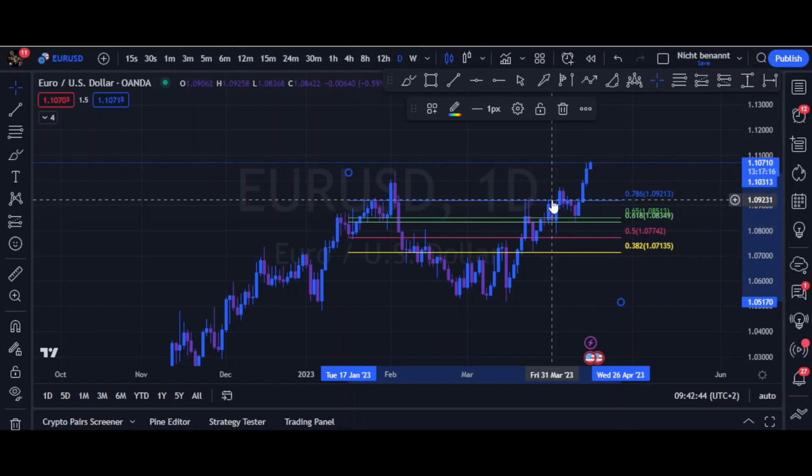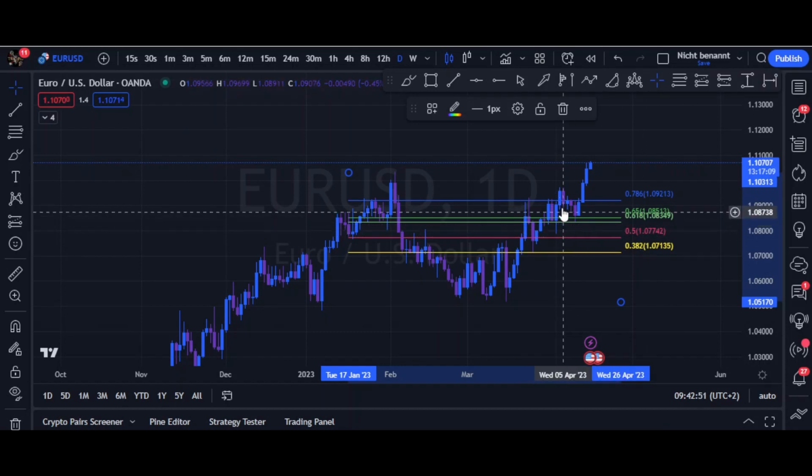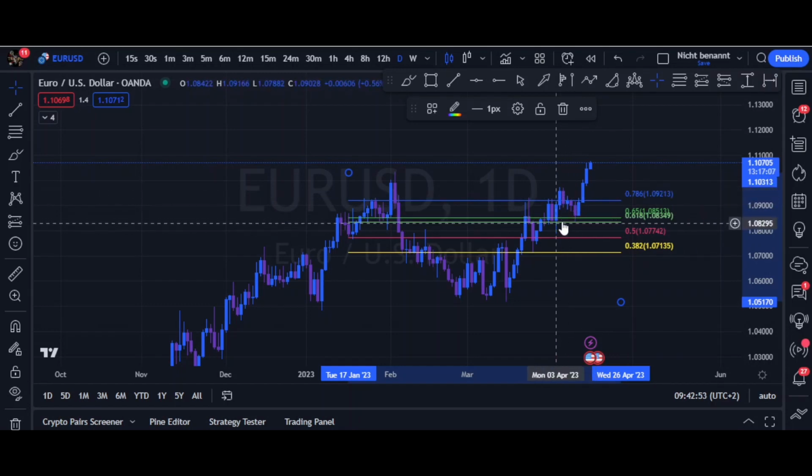So also, maybe let's take a look at some Forex pair, like Euro USD.